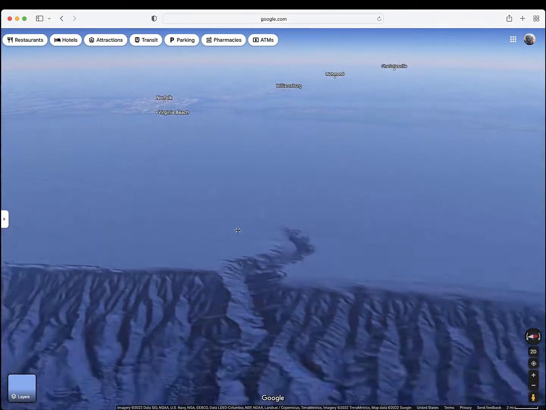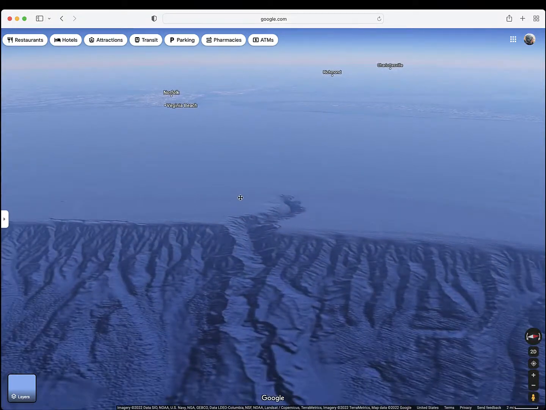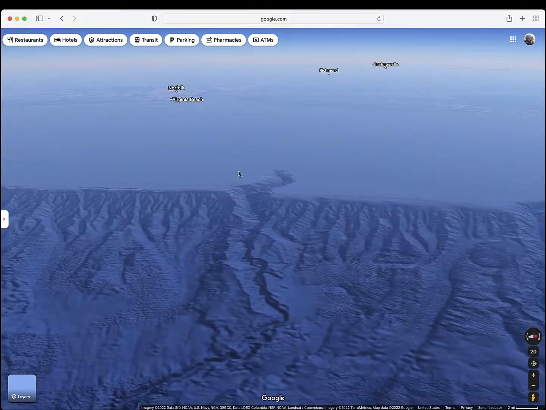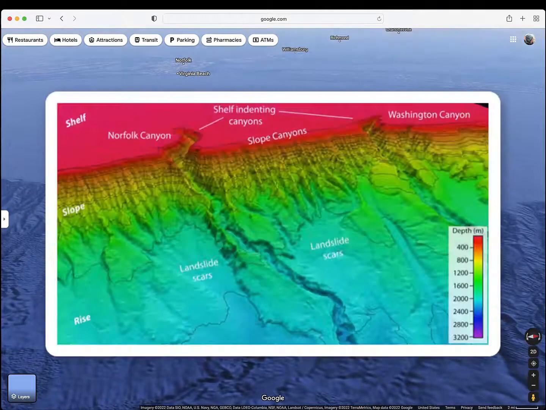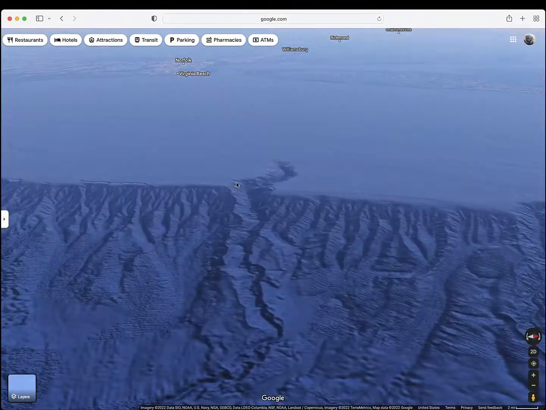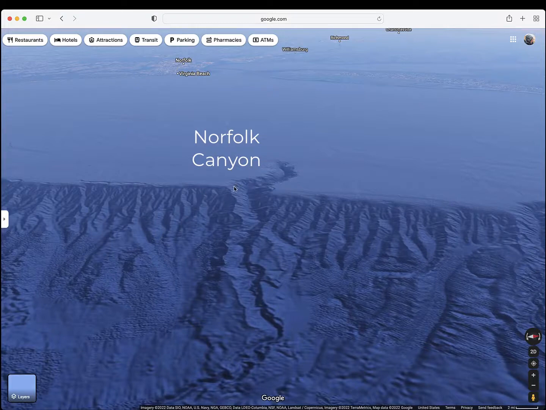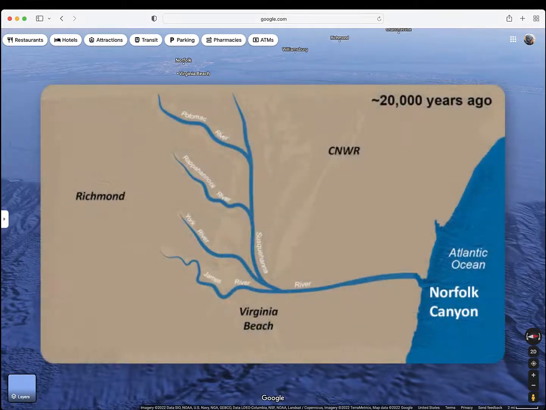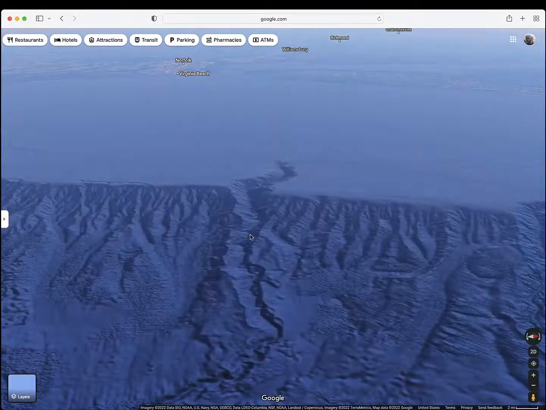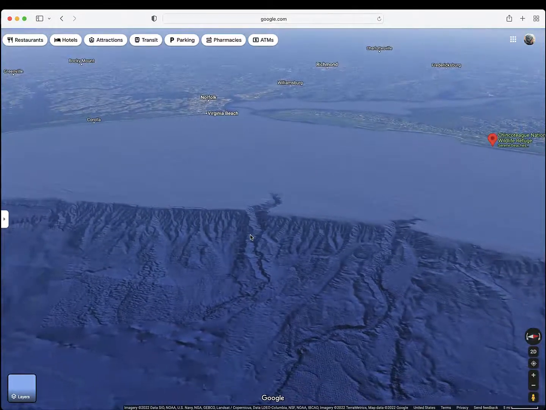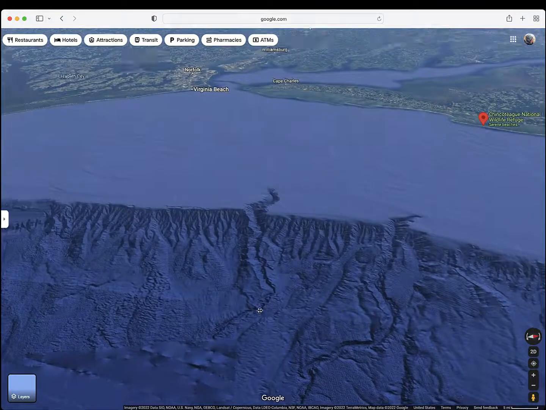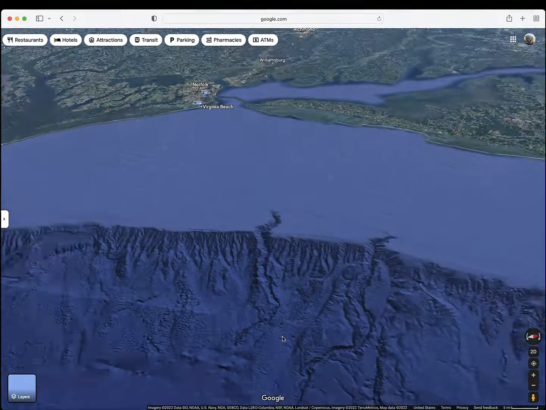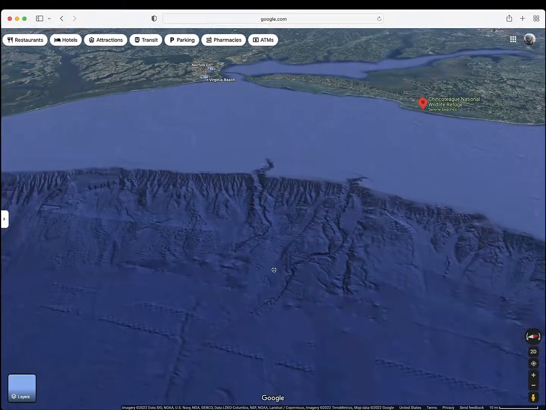Major rivers carved their channels into the shelf and slope, and formed prominent canyons at the shelf-slope break, and into the continental slope and below. This is Norfolk Canyon, originally the distal end of the Susquehanna River system. Indeed, currents still flow through these submarine canyons.